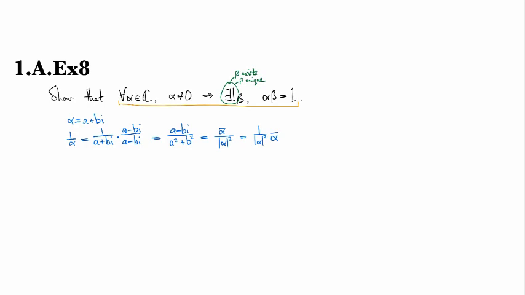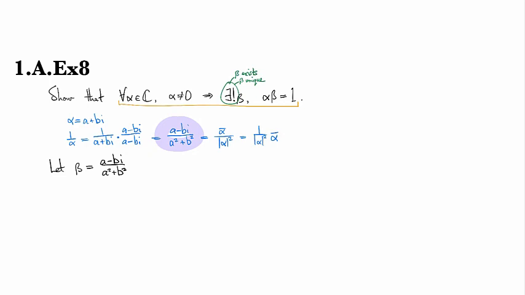So let's see. With that in mind, we can go ahead and write up our proof now. Let beta be equal to this thing that we just found on the previous step. So it's going to be a plus bi over alpha squared plus beta squared. Oh, hold on.